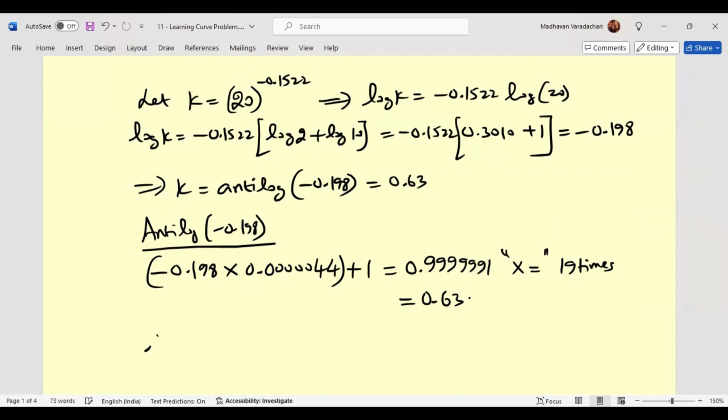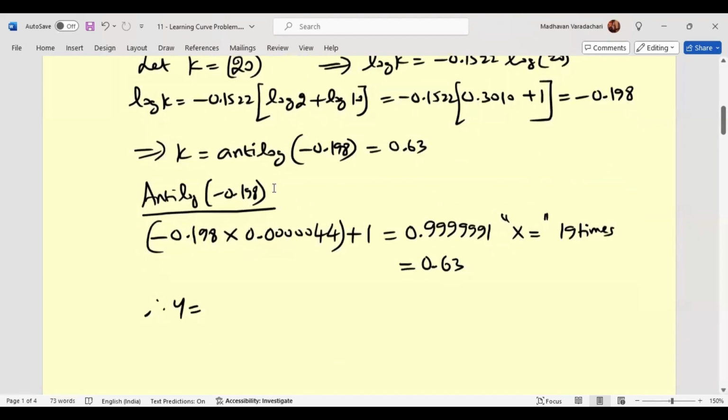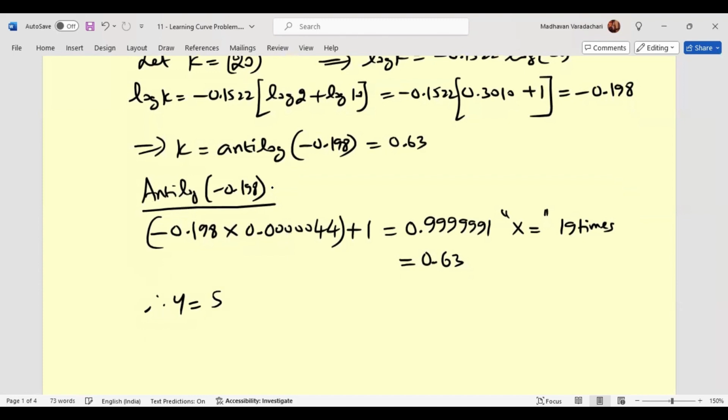Therefore, y is equal to 5 multiplied by 0.63. If we calculate, we will get 3.15 hours per unit.